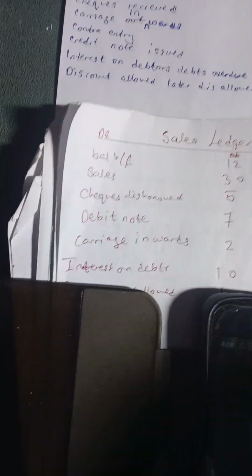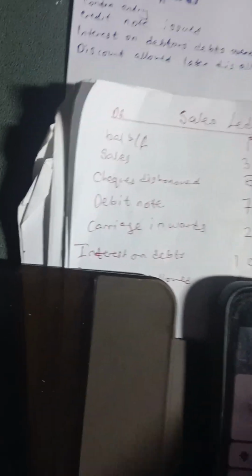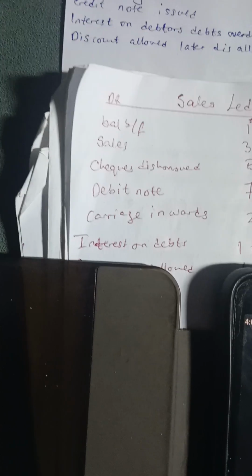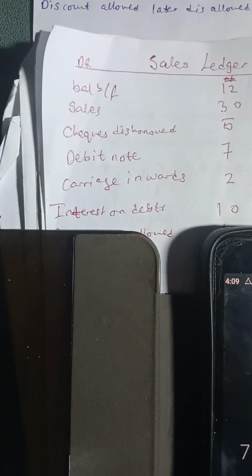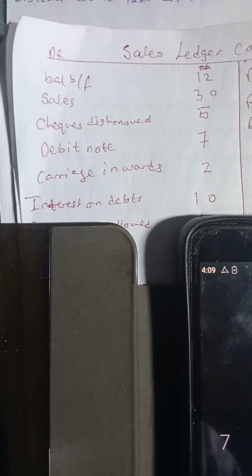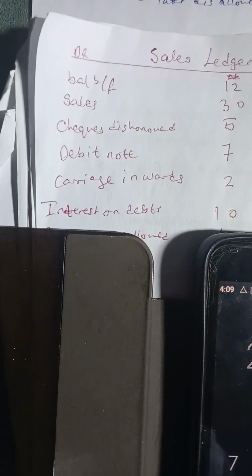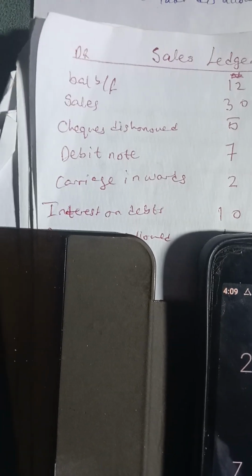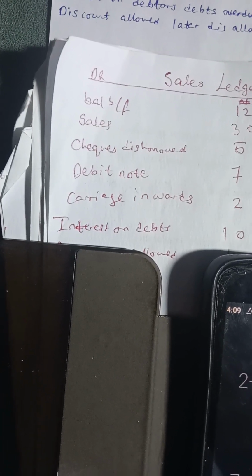So when we sum up what we have here, we have 2 plus 3 plus 2 plus 2 plus 13 plus 7 plus 3 plus 2.